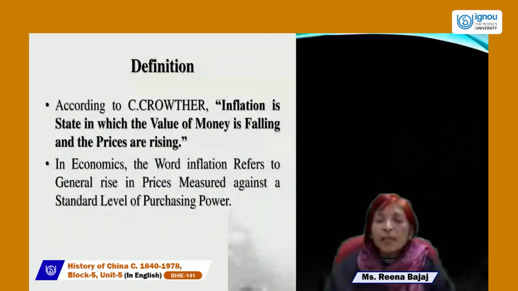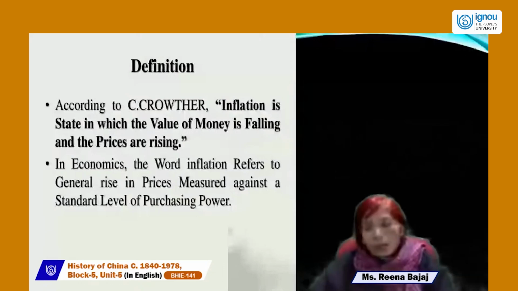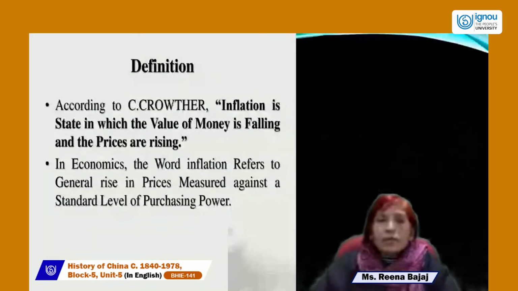It is measured against a standard level of purchasing power. When price level increases, the purchasing power of the currency goes down because both are inversely related with each other. But money supply and price level are positively or directly related with each other.